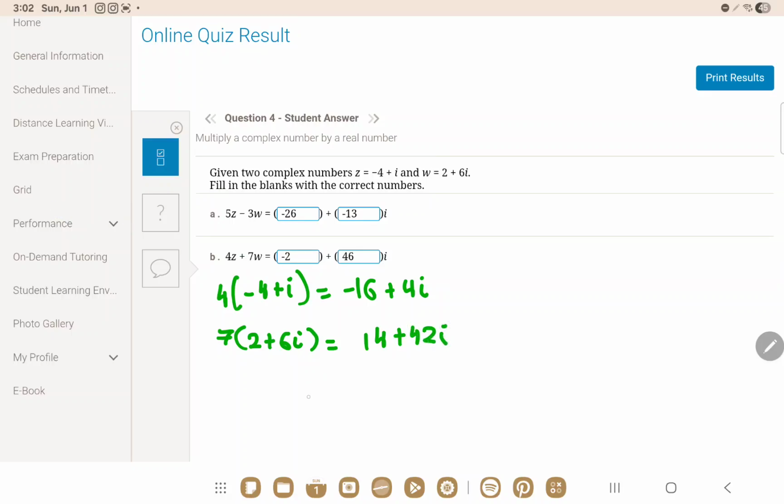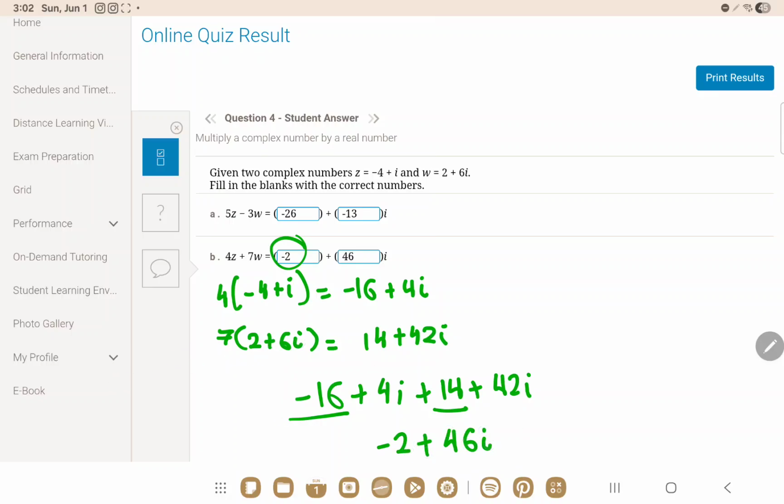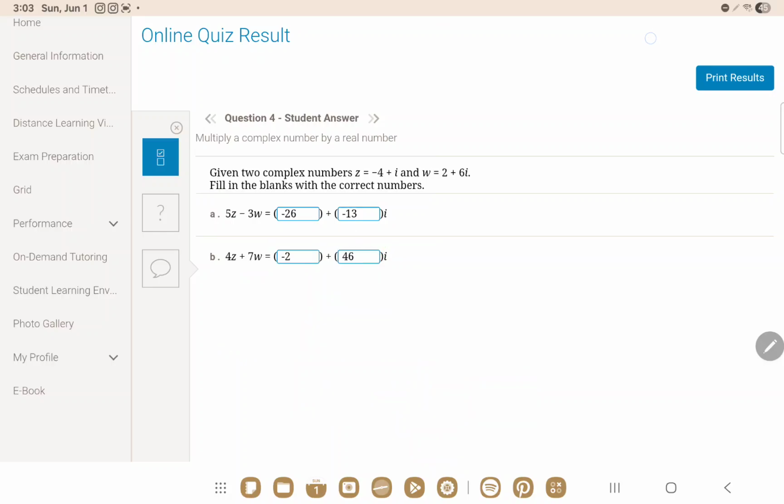Now when we add these two numbers, negative 16 plus 4i plus 14 plus 42i, negative 16 plus 14 is negative 2, and 42 plus 4 is 46i. And that's our answer. Moving on.